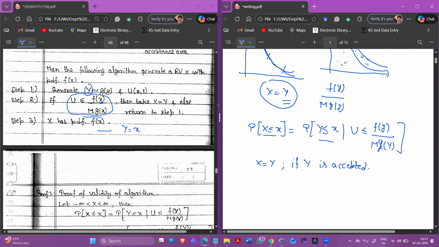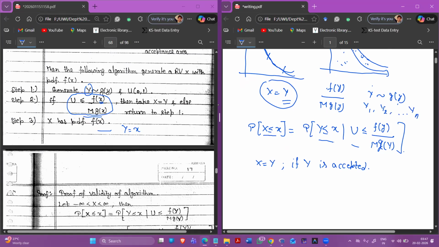Yes or no? Are you getting this point? First I generate the value y from g(y), and after that I check the condition u less than or equal to f(y) divided by m g(y). If this condition is fulfilled, I will accept whatever y I generate: y1, y2, yn.